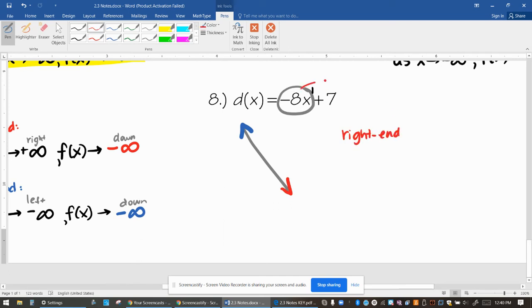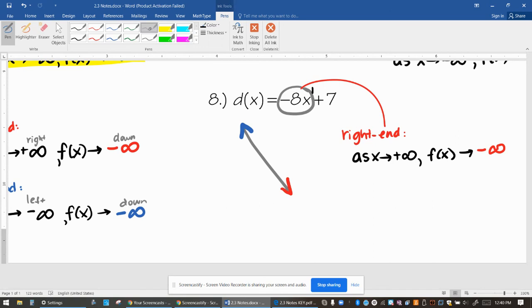Remember, your leading coefficient affects the right end. So the right end, because the leading coefficient is negative, that means the y values are going towards negative infinity. They're going down. Okay, as x approaches positive infinity, so that means that I'm moving to the right, the y values are approaching negative infinity because they're going down.